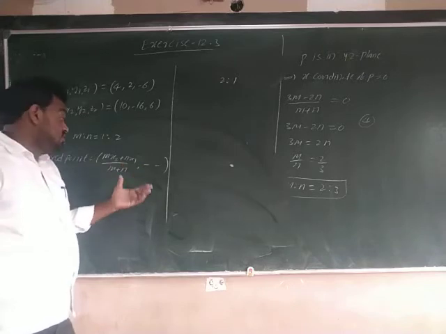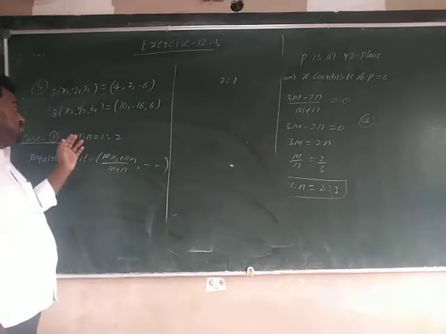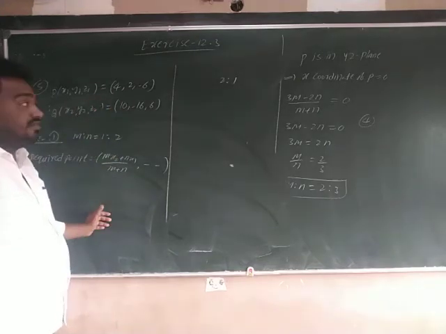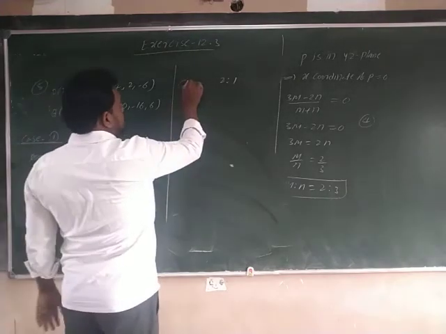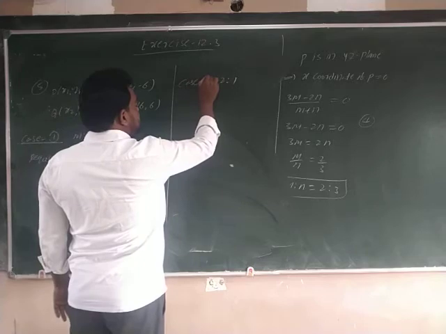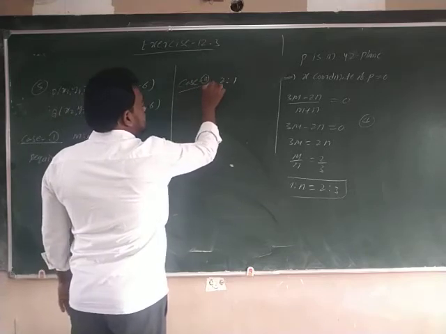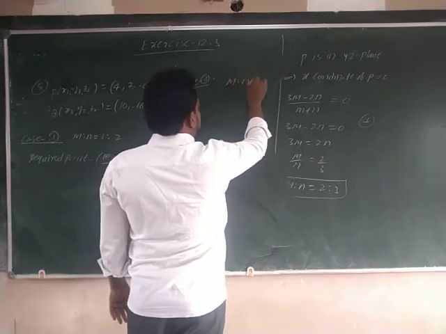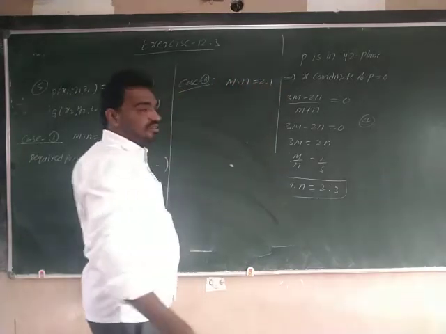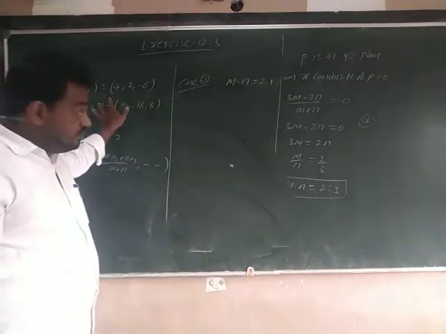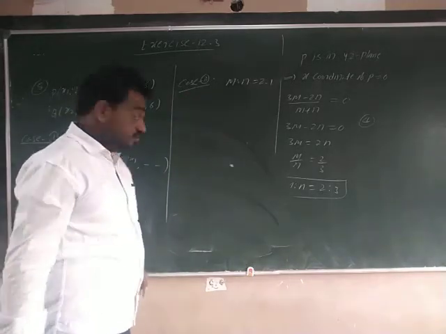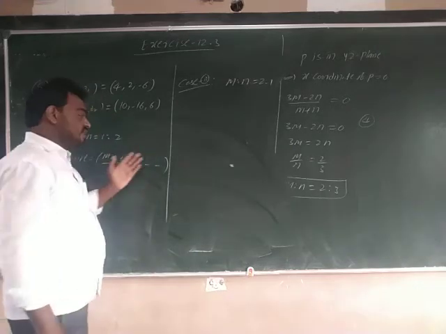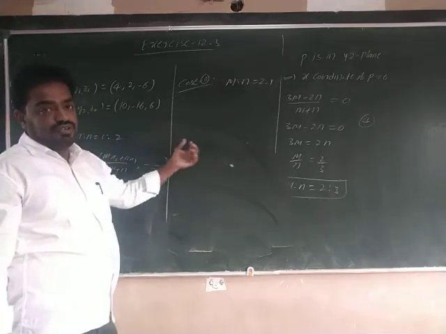Write down the formula, substitute m, n and the values x1, y1, z1, x2, y2, z2, and you will get one point. Case 2 is the 2:1 ratio. x1, y1, z1, x2, y2, z2 are the same; only the dividing ratio changes. You find the other point using the same formula, so you will get two points.